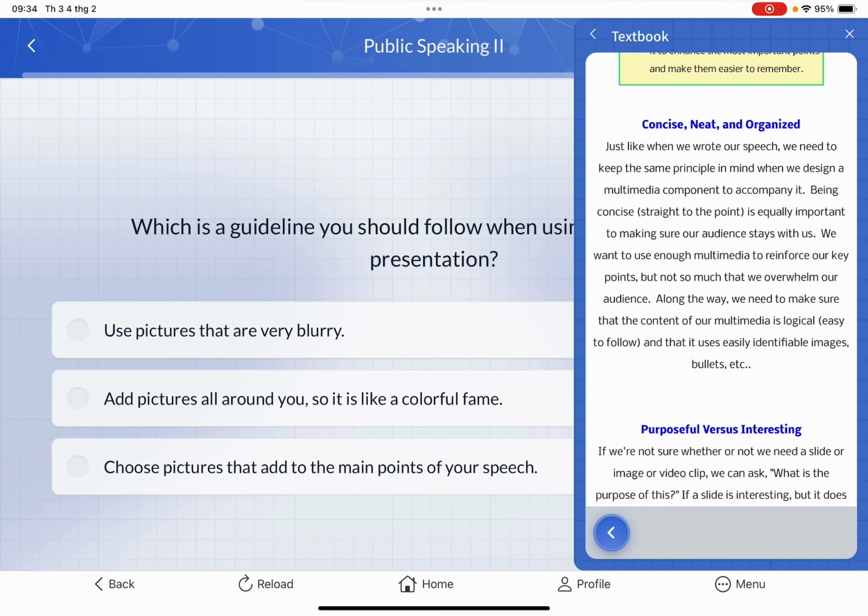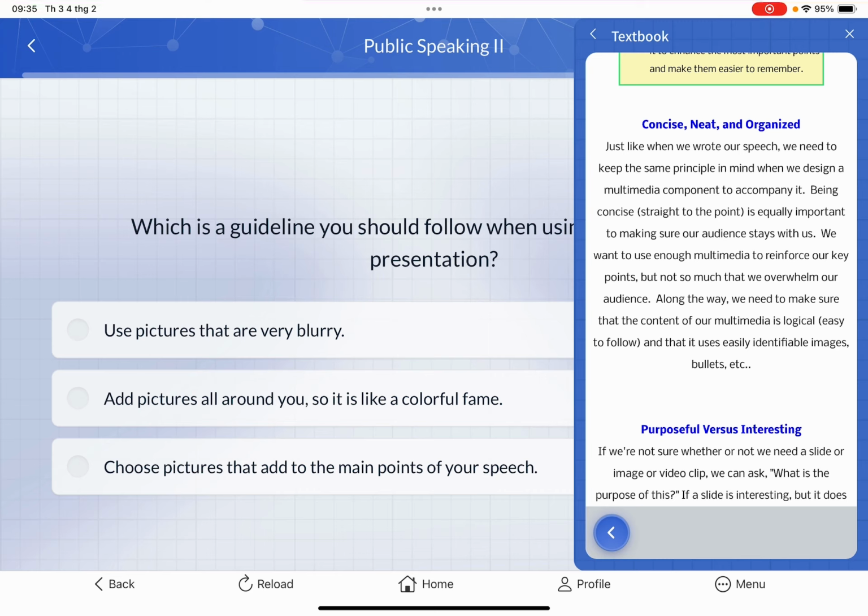So we would want to use enough multimedia to reinforce our key point, but not so much that we overwhelm our audience. Along the way, we need to make sure that the content of our multimedia is logical, so that it is easy to follow, and that it is easily identifiable: images, bullets, etc.